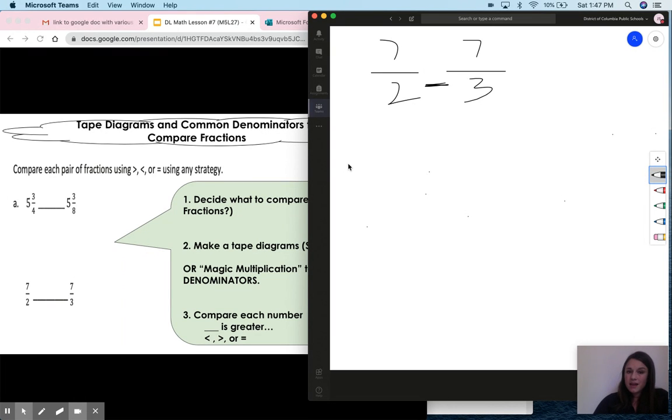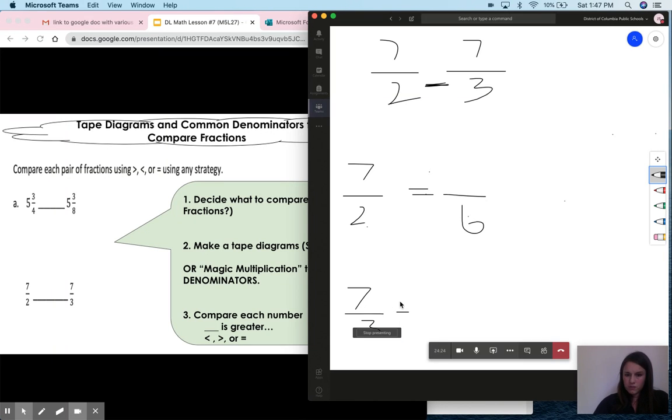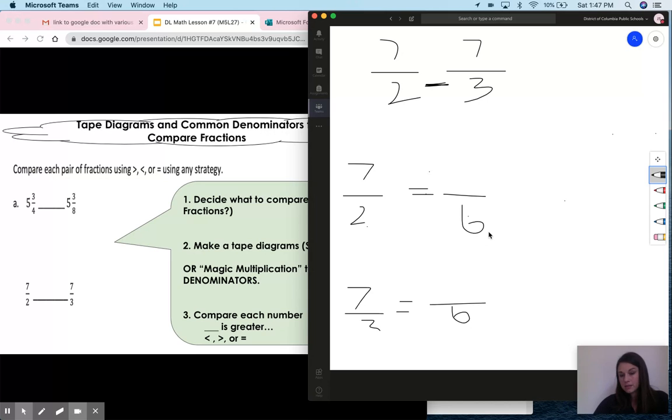So can I turn 7/2 into a fraction with 6 as the denominator? Yes, we just said that. Then can I do the same with 7/3? Can I make it a fraction with 6 as the denominator? Yes. Then will my fractions have the same common denominator, 6? Yes. So how do I do that?